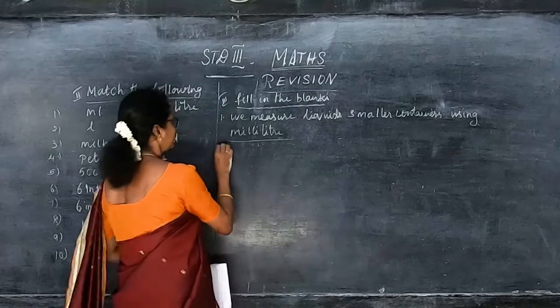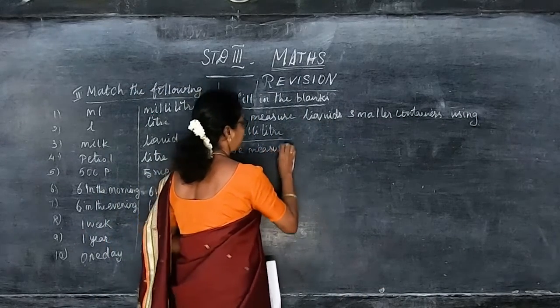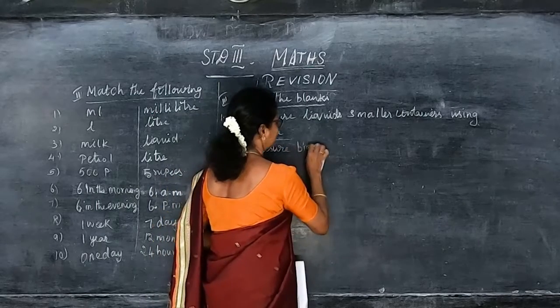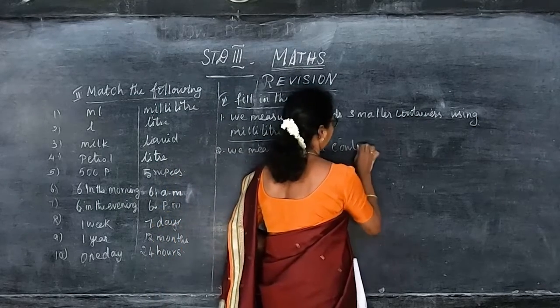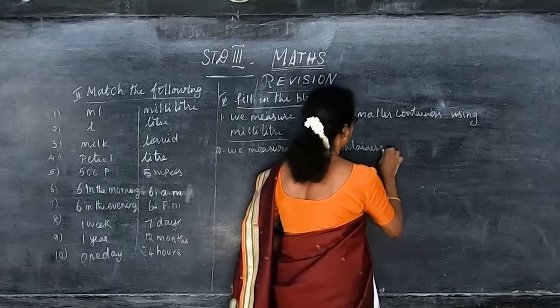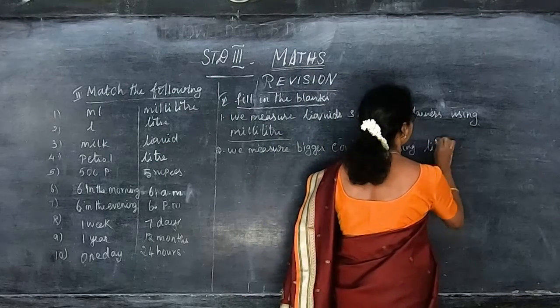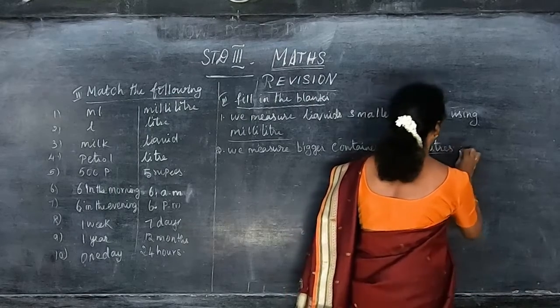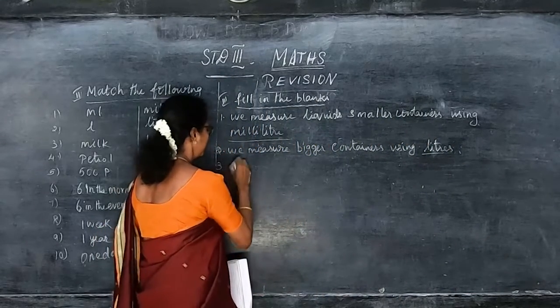Then we measure bigger containers using liters. Smaller containers, milliliter; bigger containers, liters.